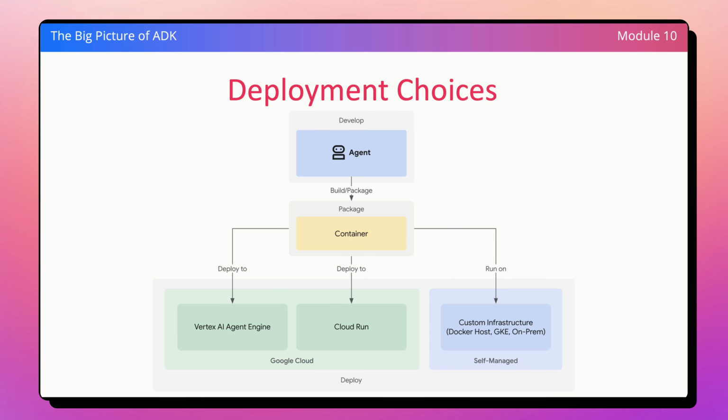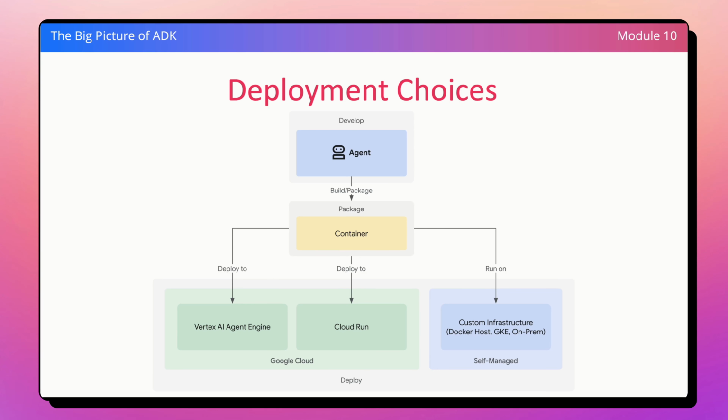If you are comfortable, you can even deploy to the serverless Cloud Run service with one command. And if you want to run it on-prem or in a self-hosted environment, like a GKE cluster or a bare metal Kubernetes cluster running on-prem, or just as a Docker host, you can target that as the unmanaged environment, which is a self-hosted, self-managed runtime. So these are the three choices.